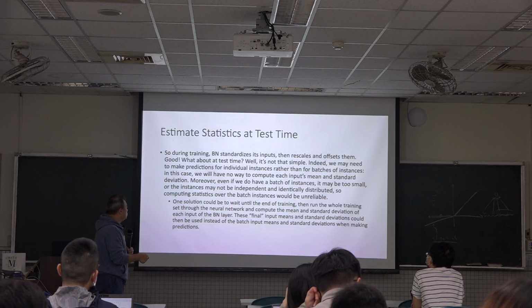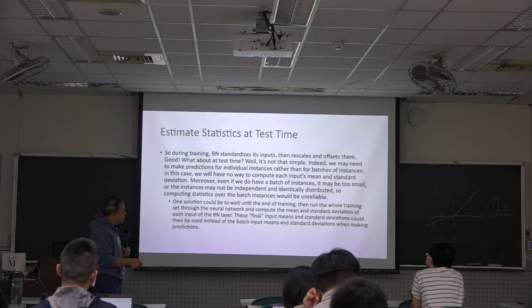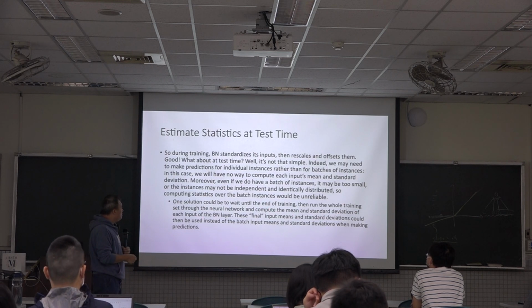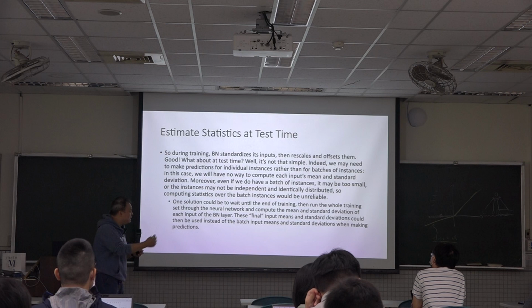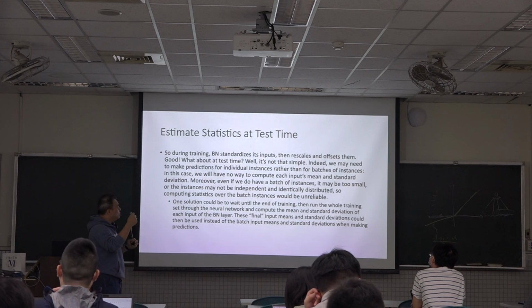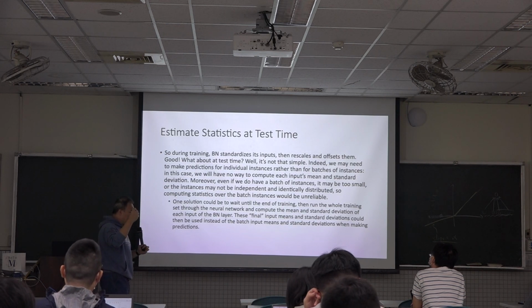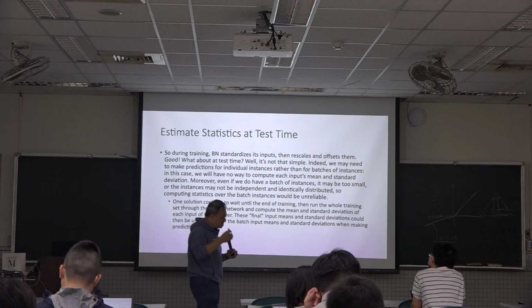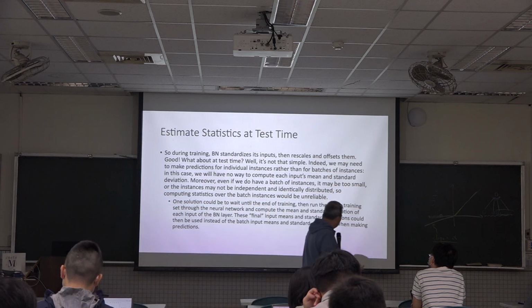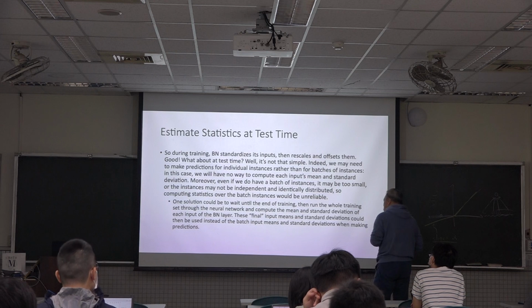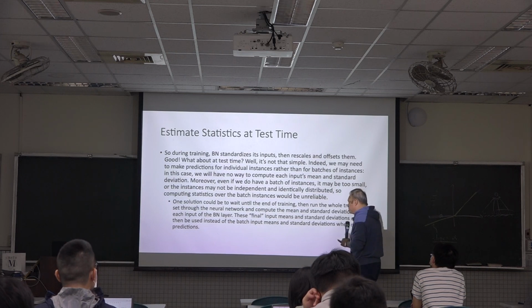So what do we do? One solution is, after we finish the training, we run the network through the whole training set to compute the mean and the standard deviation for the whole data set. Then we use this final average and standard deviation for future inference, for the predictions.